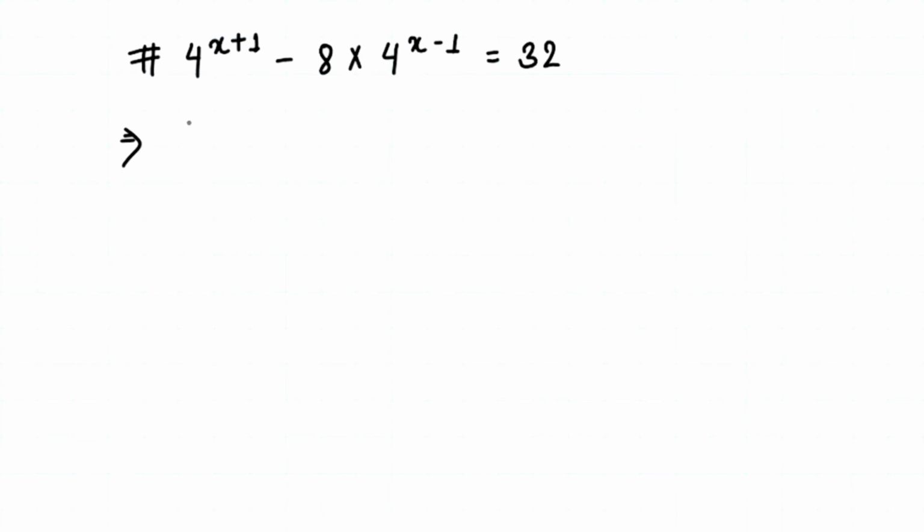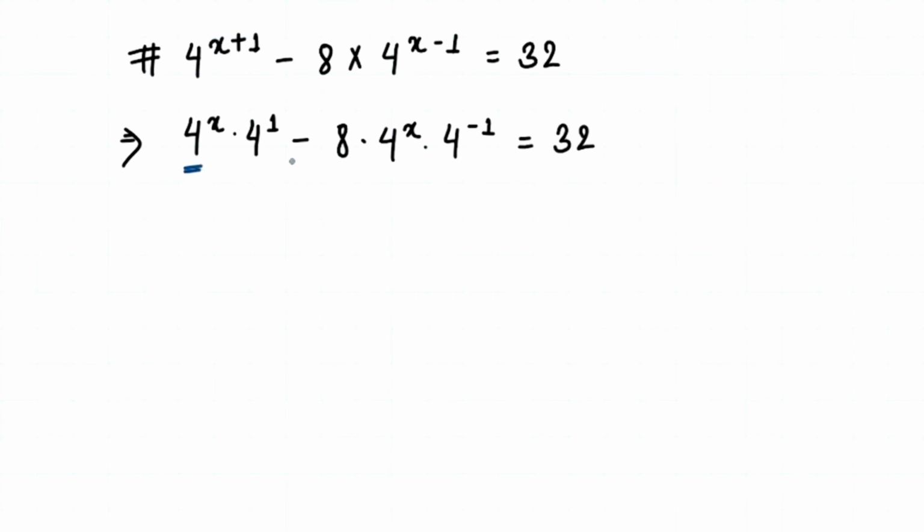First we separate these powers. So we get 4 to the power x dot 4 to the power 1, minus 8 dot 4 to the power x, which we can write as 4 to the power minus 1, equals 32.